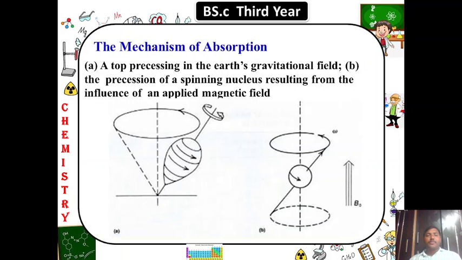The mechanism of absorption of radio frequency in NMR is like a top precessing in the earth's gravitational field.